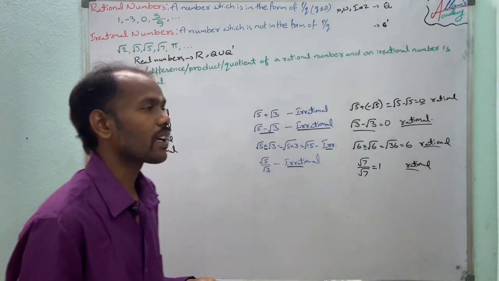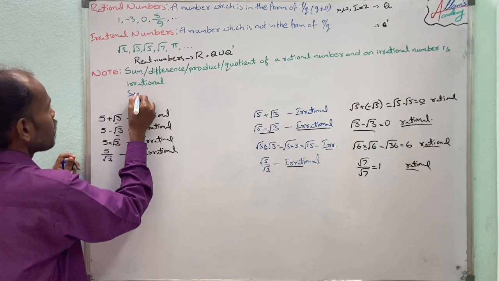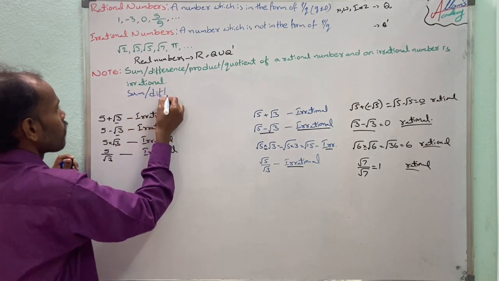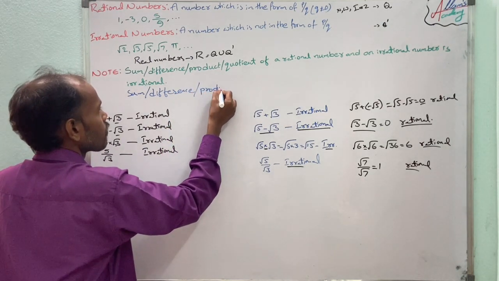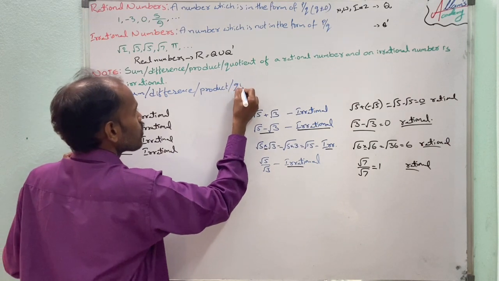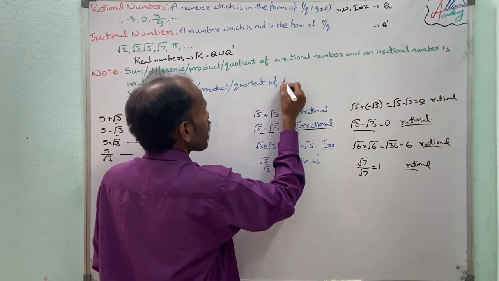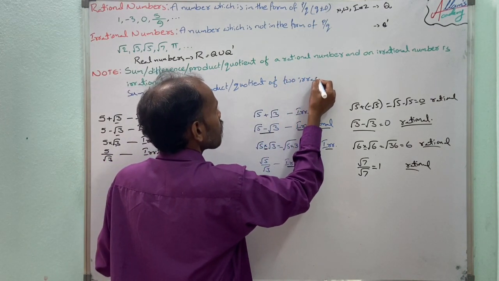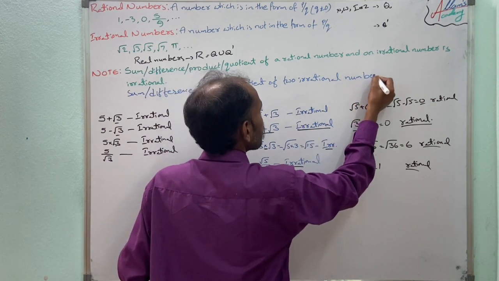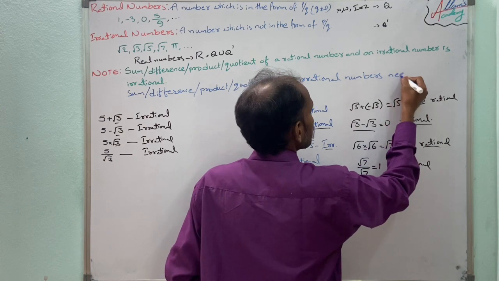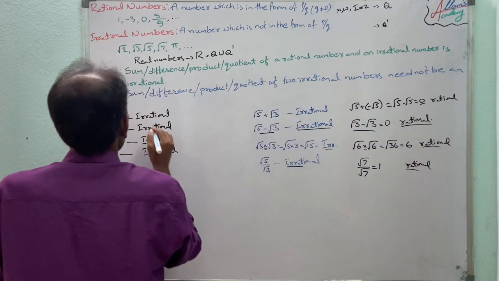So here also we can conclude that the sum, difference, product and quotient of two irrational numbers need not be an irrational number.